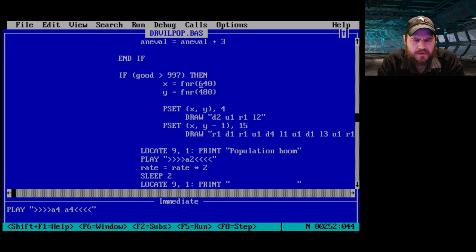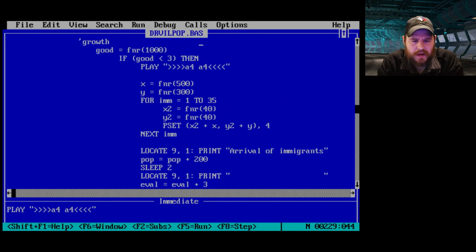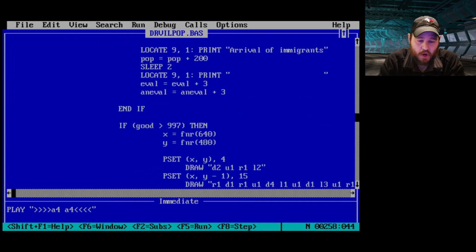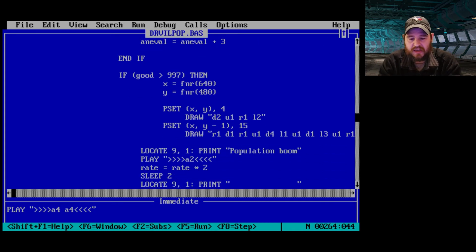Okay, if good is greater than 997. What happened here? I mean, it's all a random number. It doesn't matter, but with the same frequency as the arrival of immigrants, you get a population boom. And again, we're going to draw something randomly on the screen. We'll take a look at that.